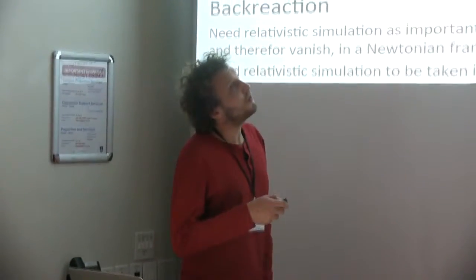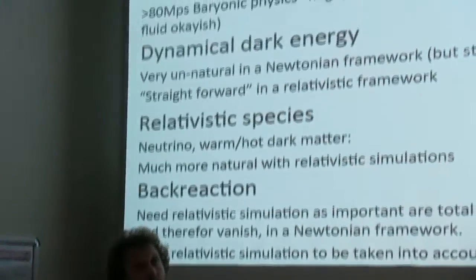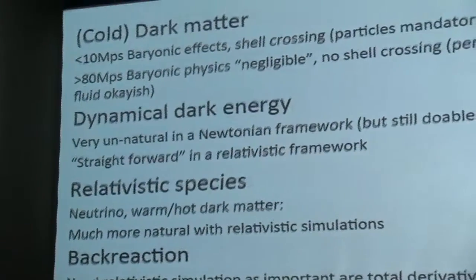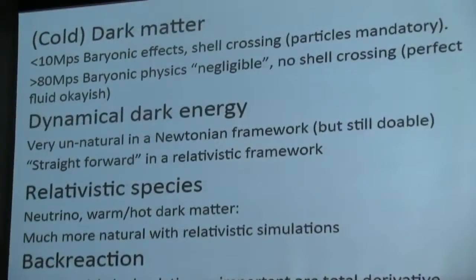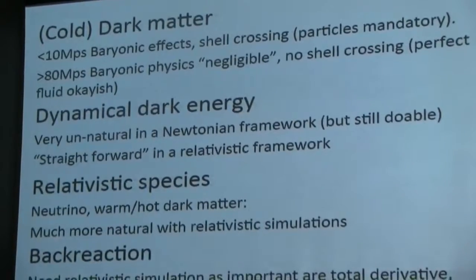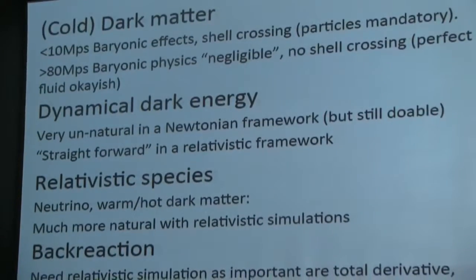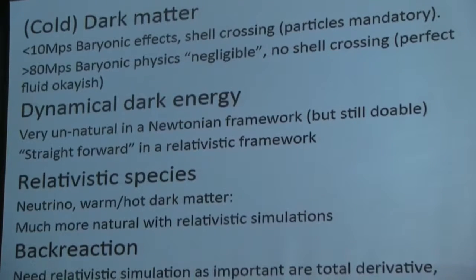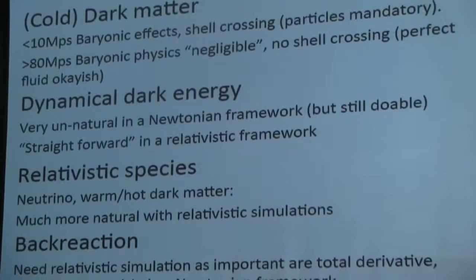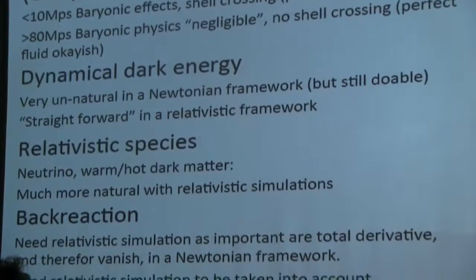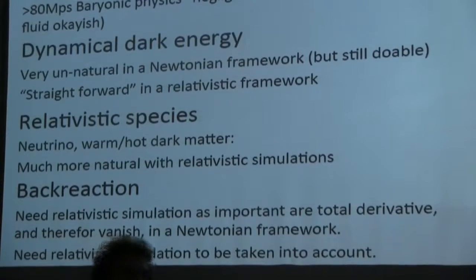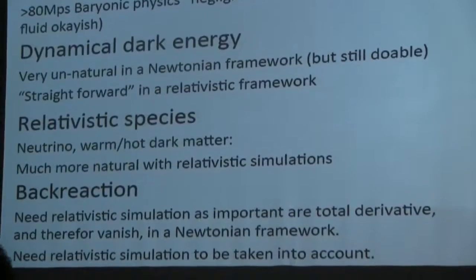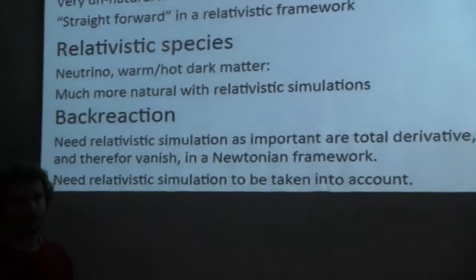So for small scales, you have to take baryonic effects into account, and you have to take into account that the dark matter shell crosses. This is also important, because the dynamics is very different if you have matter that shell crosses or not. So basically, if you want to go below 10 megaparsec, you have to use particles, and you have to have a fluid description that takes care of the baryonic effects.